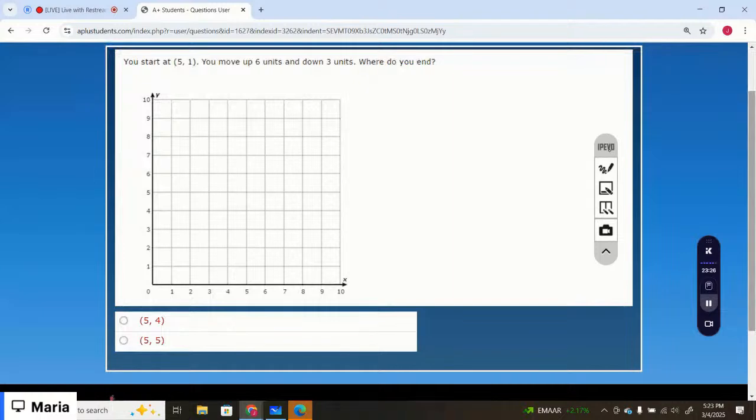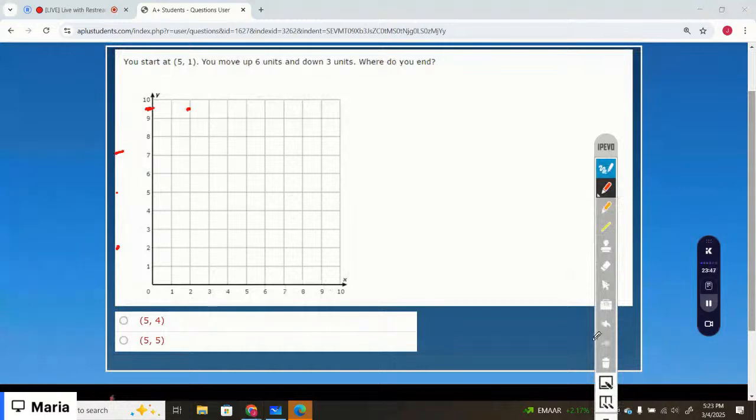You start at 5, 1. You move up 6 units and down 3 units. Where do you end? 5 and 1, here it is. You move up 6 units: 1, 2, 3, 4, 5, 6.